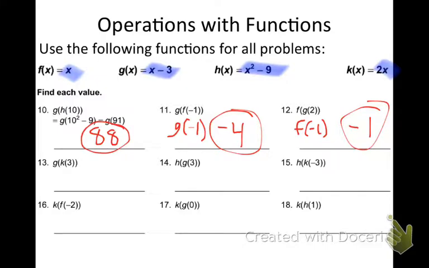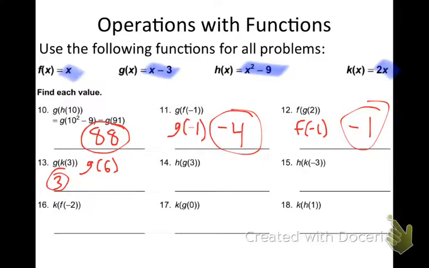Try number 13. g of k of 3. I'm going to take 3 and plug it into which function first? K. Now I get 6. So I get g of 6 now. Take 6, plug it into my g function. 6 minus 3 is 3.